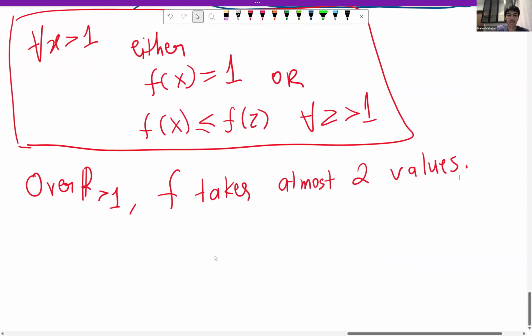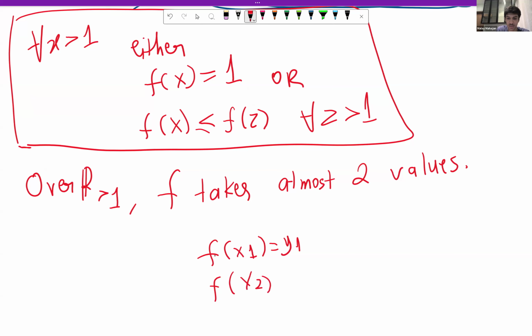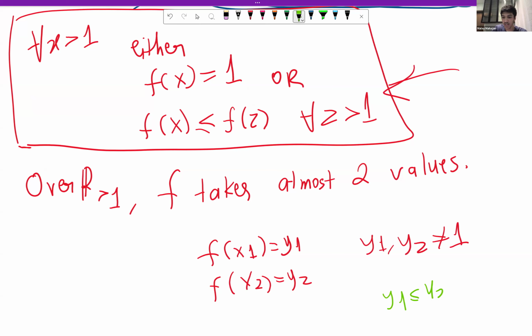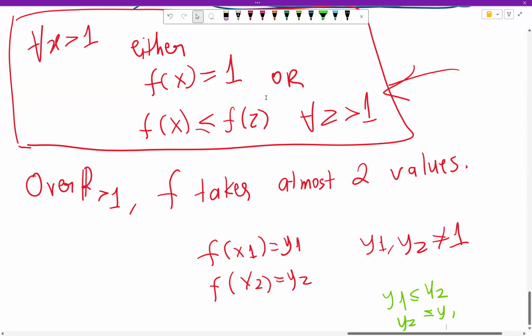The point is, suppose f(x1) is y1 and f(x2) is y2, where y1 and y2 are not equal to 1. Then because of this condition, I would have y1 less than or equal to y2 and y2 less than or equal to y1, which would force them equal. So there is at most one value other than 1. Is this clear to everyone? Yes.